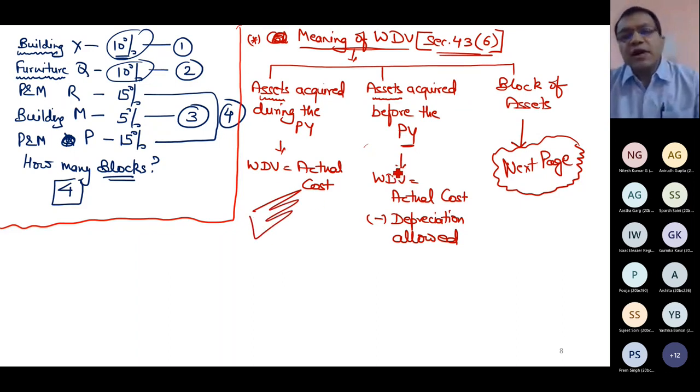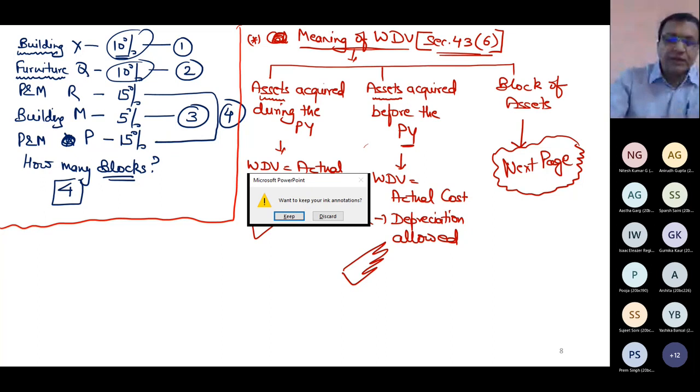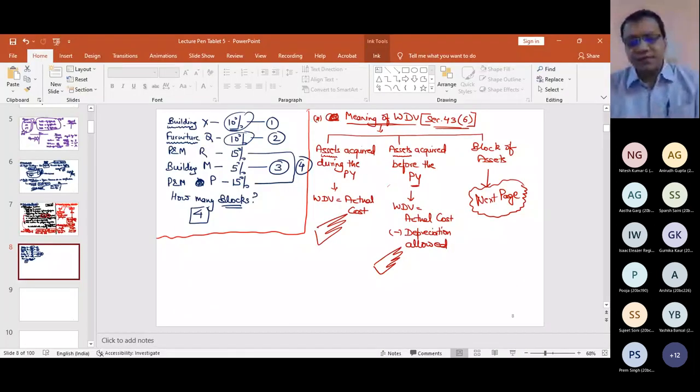For any asset which is acquired in earlier year, suppose this asset is acquired 4 years ago, whatever was the actual cost minus depreciation which you have claimed in those 4 years, the difference what is left is WDV. And in case of block of asset, when you have not one asset in the block, when you have so many assets in the block, how do you compute WDV? That I will write on the next page. Please raise your hand if the concept till now is clear.